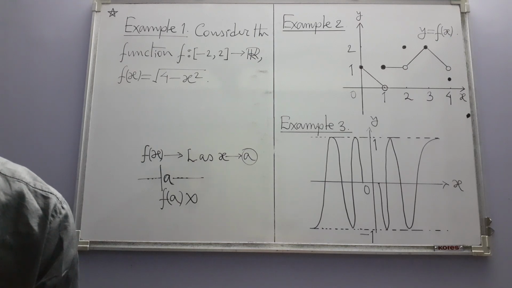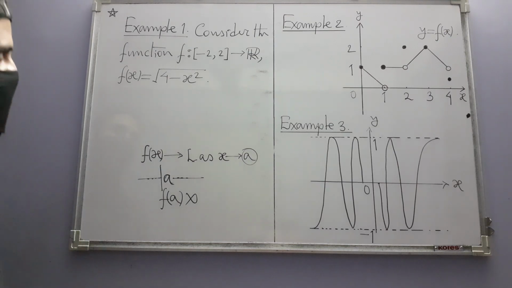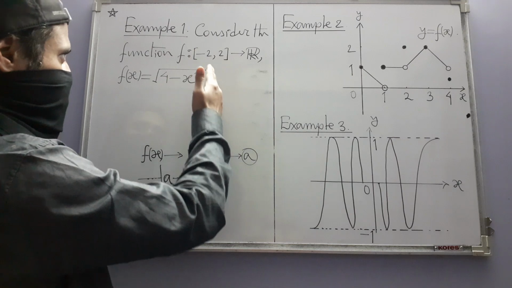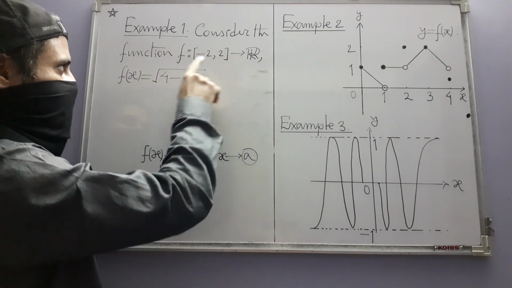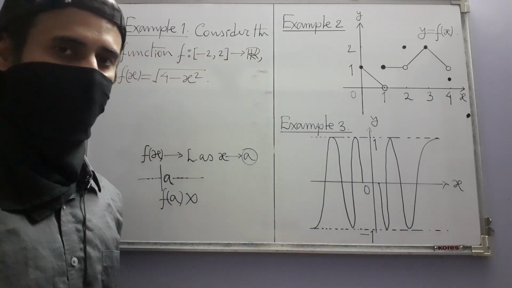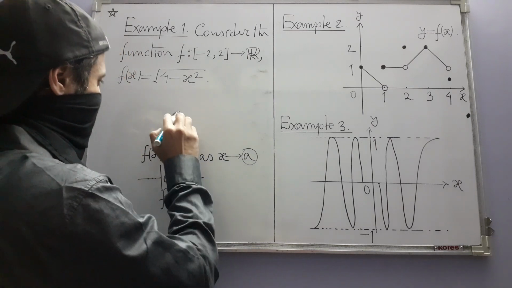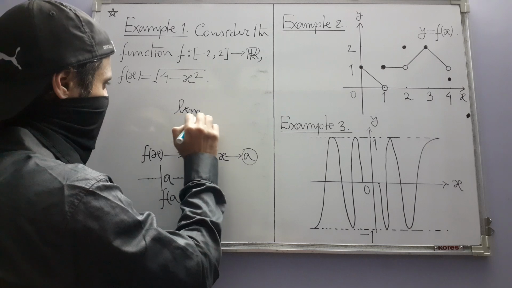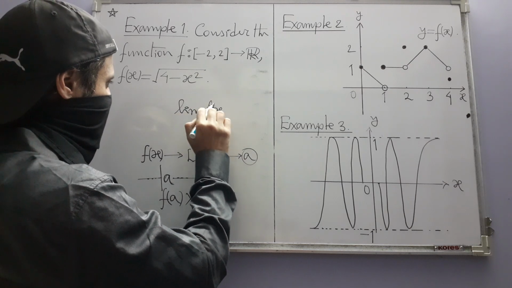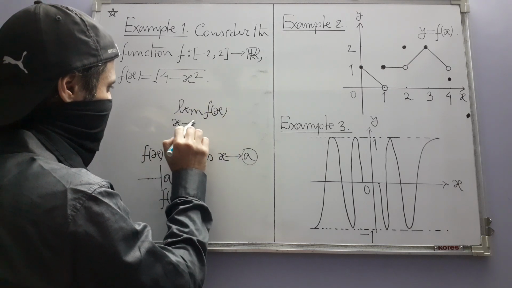So now you cannot go beyond -2 on this side and beyond 2 on that side. So that is why you cannot ask whether this exists.